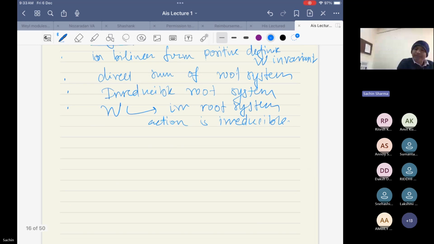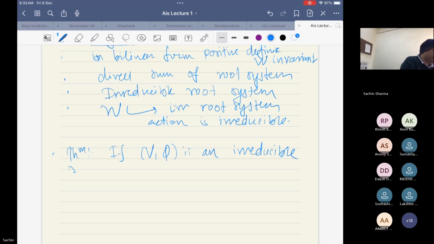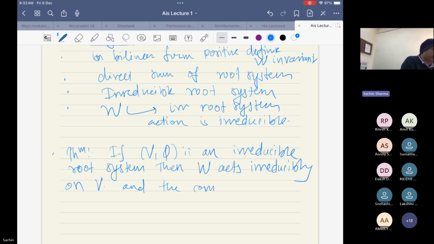I will begin with recalling where we were. Here was the theorem, which says that if Phi in V is an irreducible root system, then W acts irreducibly on V, and the converse is also true.